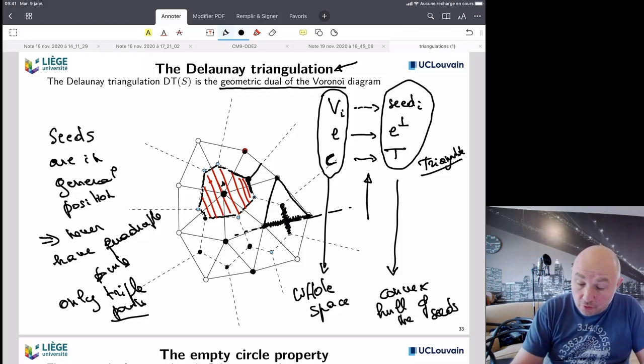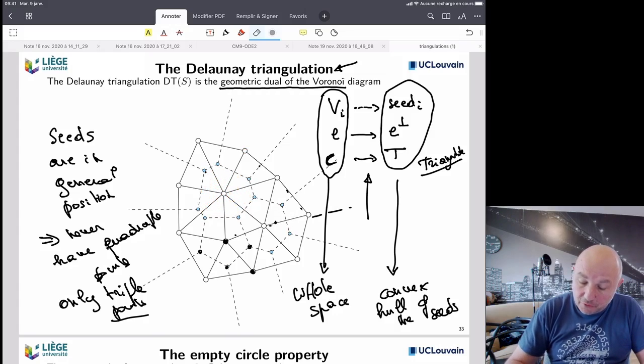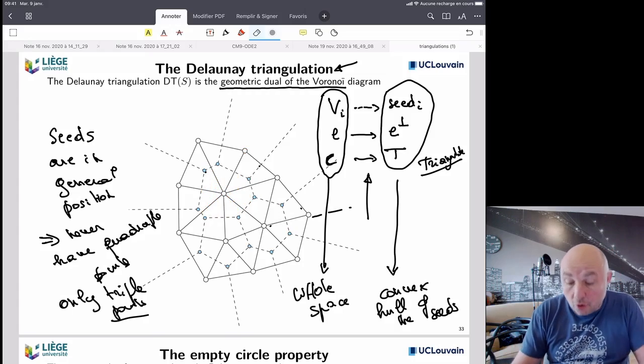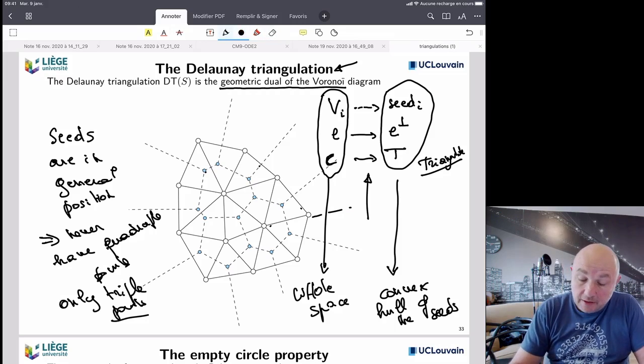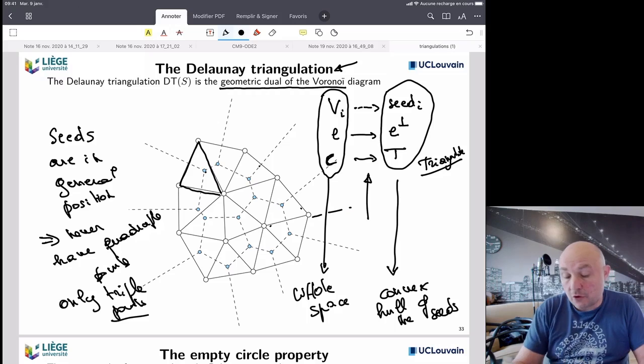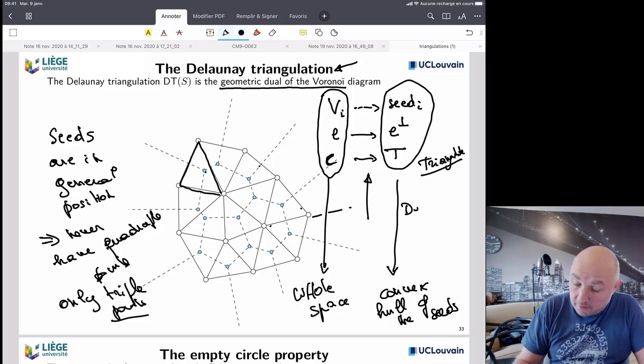So I am going to erase all my ugly drawings here. So you see here this geometrical dual. You see here that this triangulation fills the convex hull of the set of points, and this triangulation is called the Delaunay triangulation.